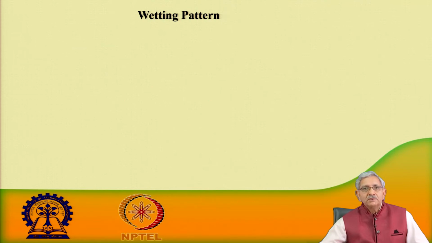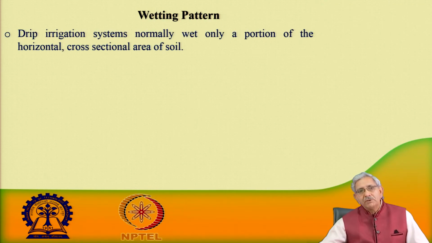Another point which I was telling you in the previous class is the wetting system, the wetting by a dripper, which forms an onion shape or an elliptical shape. That is the wetting pattern, what type of wetting it forms when water is supplied by a dripper.